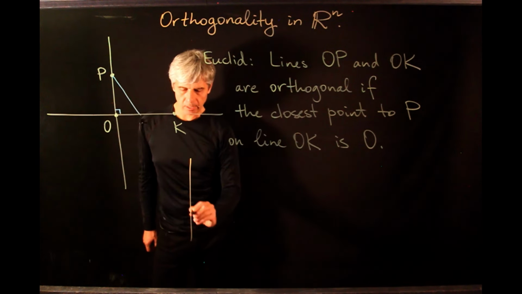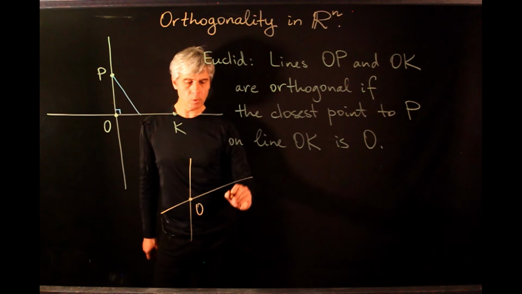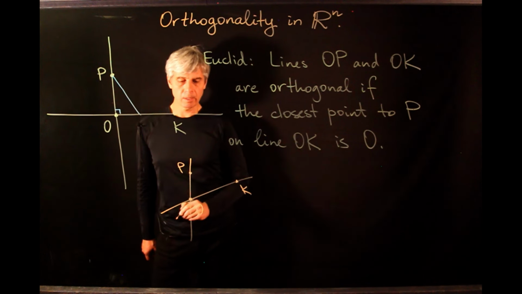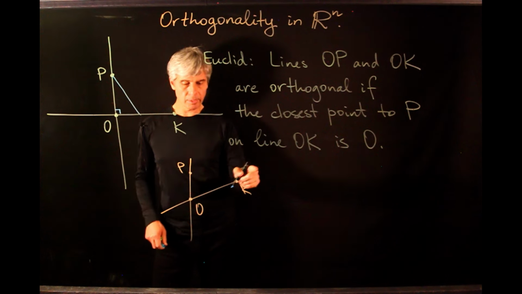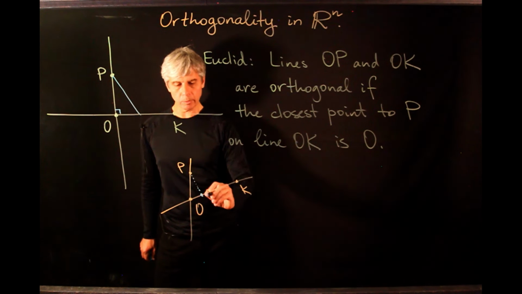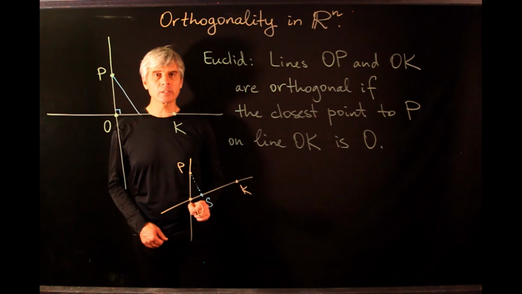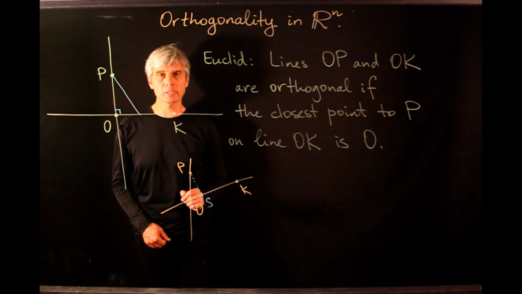Now, imagine that the lines were not orthogonal. So suppose we have a point O, here a point K, and a point P. Then in this case, the closest point on the line OK to the point P will not be the point O, but will be some other point. This tells us that there is a connection between orthogonality and distances, and thus dot products.